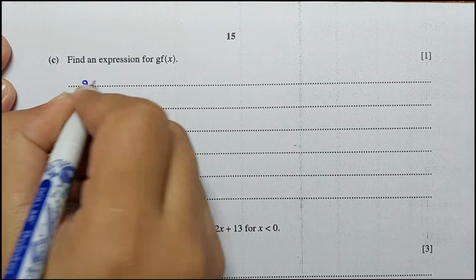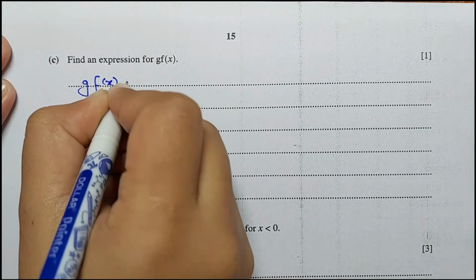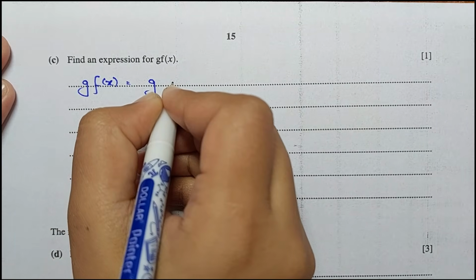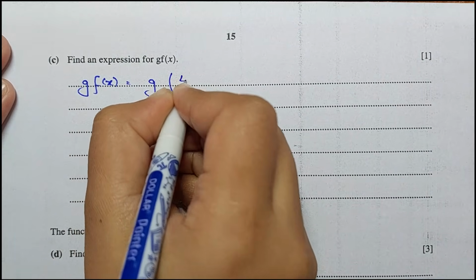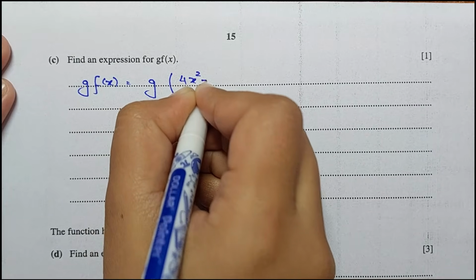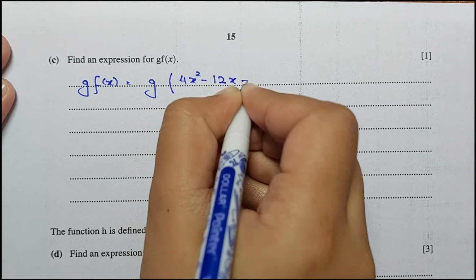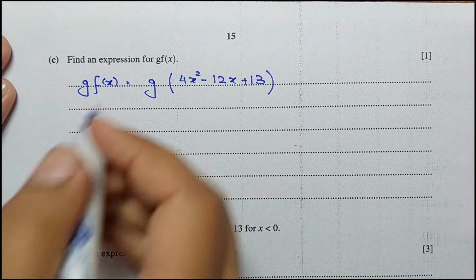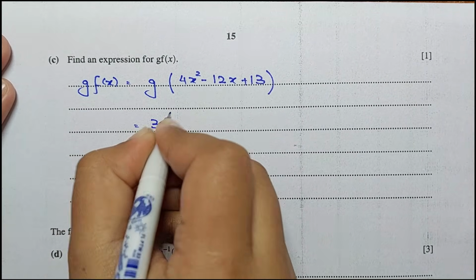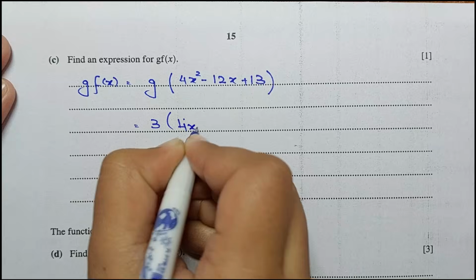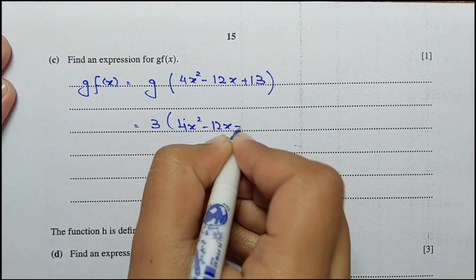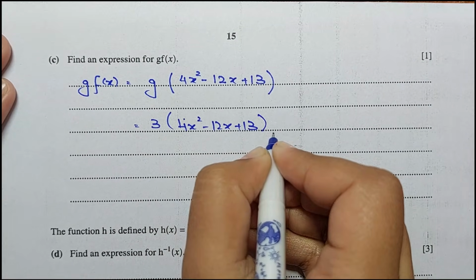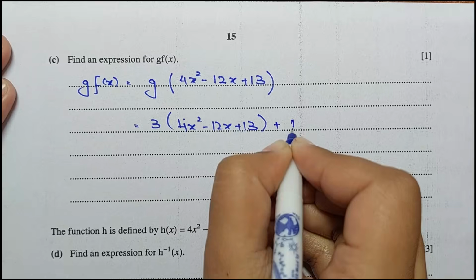So gf of x would be equal to g of f of x. f of x is given as 4x squared minus 12x plus 13, and g of x is 3x plus 1. So 3 times 4x squared minus 12x plus 13, plus 1.